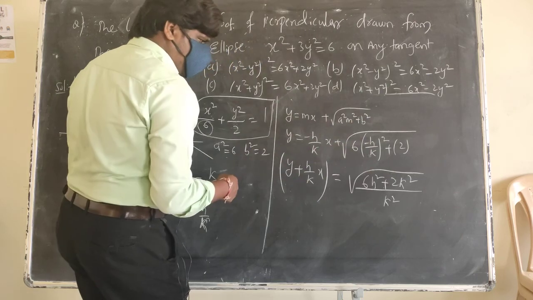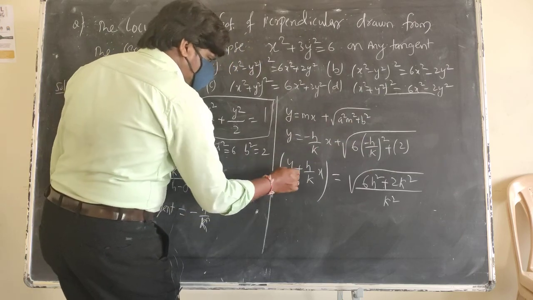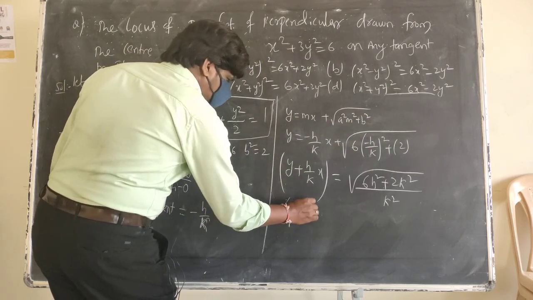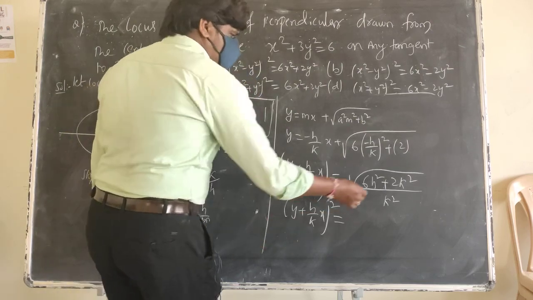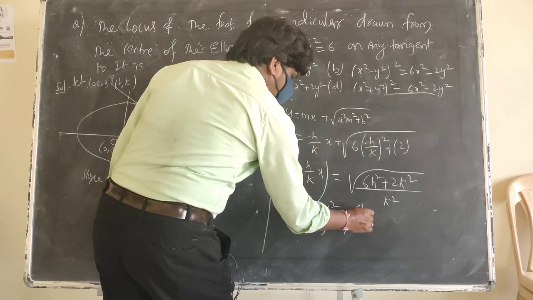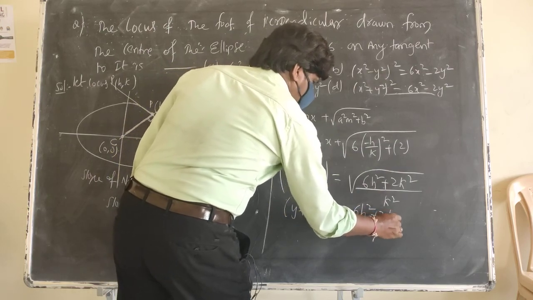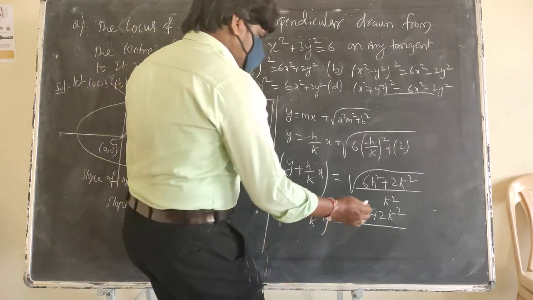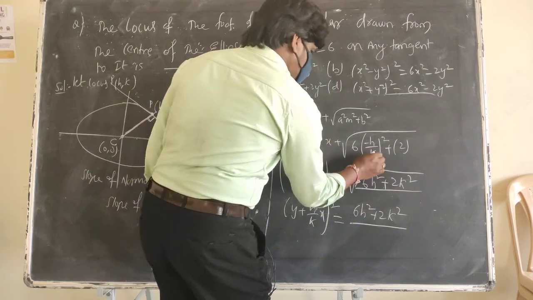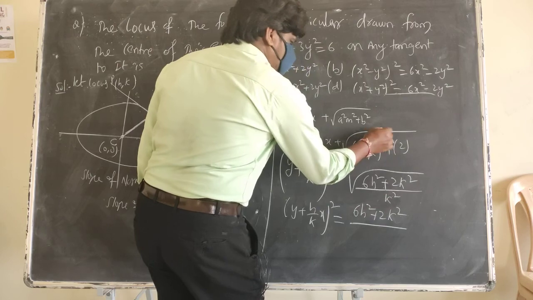Squaring on both sides, y plus h by k into x whole square is equal to 6h square plus 2k square divided by k square, because the whole square is there.